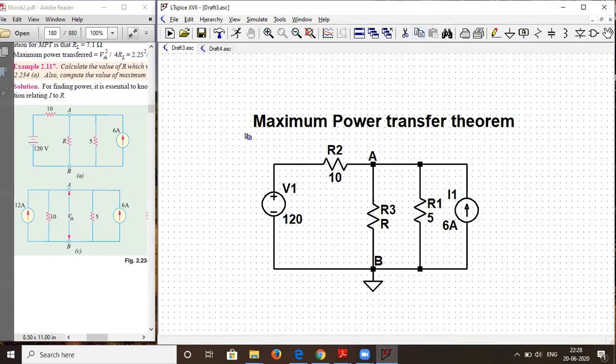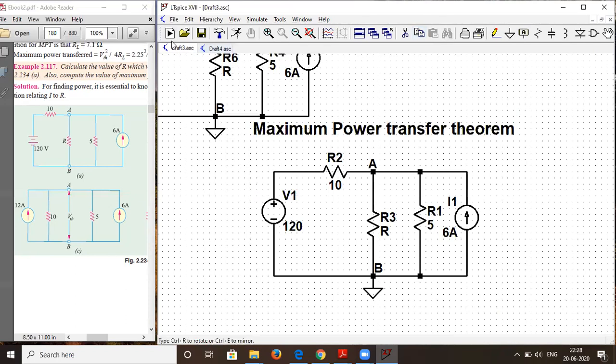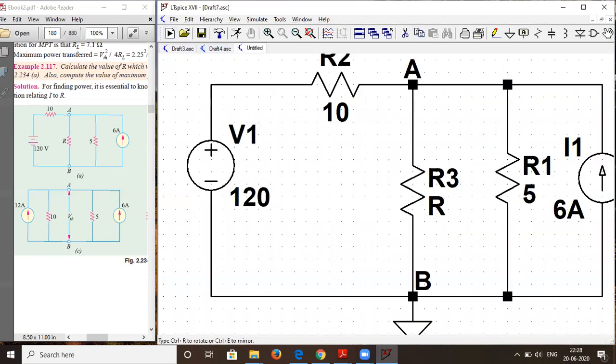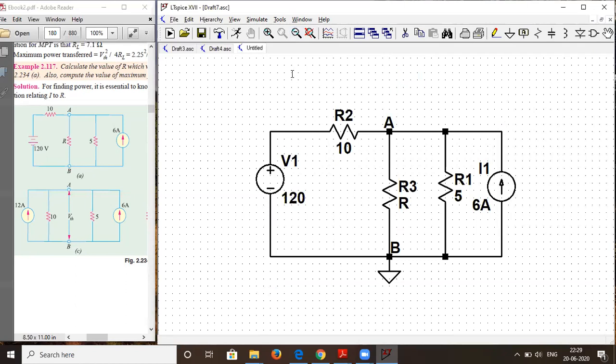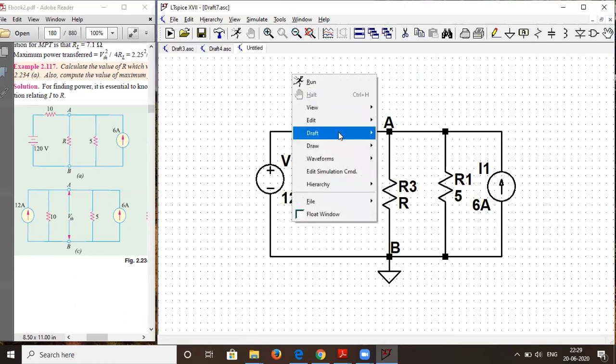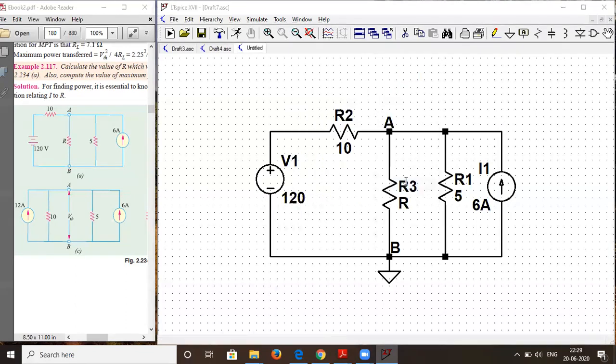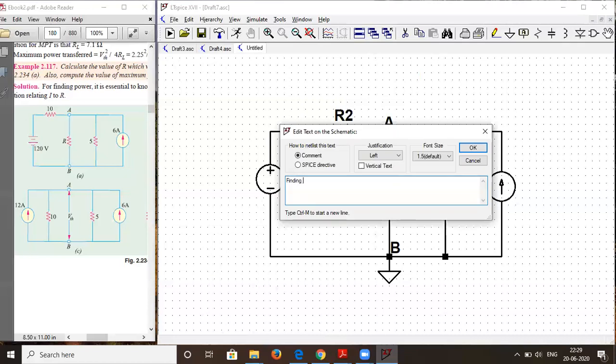So again, I'll copy this circuit. Now again, this resistor will be removed, and we are supposed to find the Thevenin's equivalent resistance RTH. So here we are writing finding RTH. For finding RTH, we have to deactivate all independent sources.